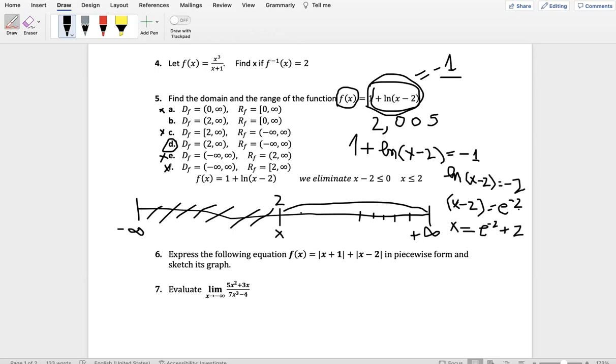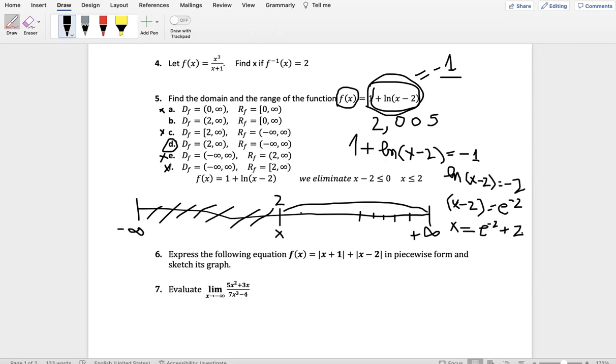If we solve for x and we find that the value of x is part of the domain, then you immediately know that option B is wrong, because you've proven that there is a value of x in the domain that you can plug into f of x to find that f of x is equal to -1. Do you understand? Yes, I do. You understand that? Any other questions, guys?